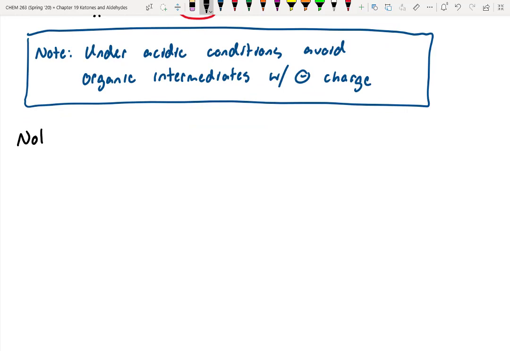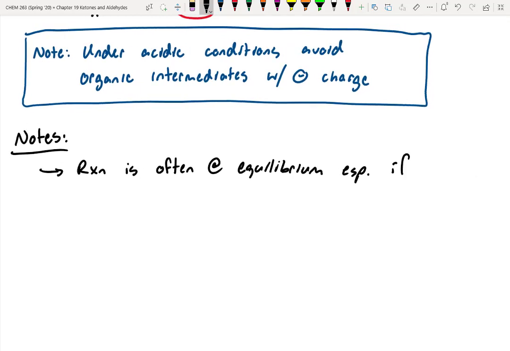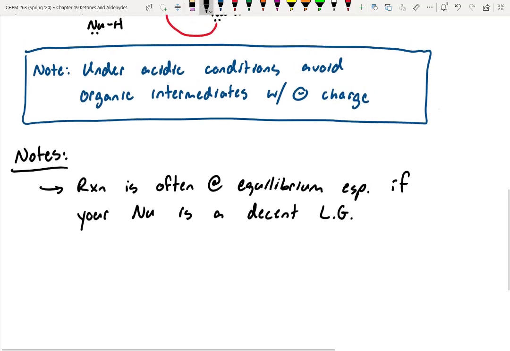All right, so let's make some notes. And these notes are important for both acidic and basic reactions. And the first one is that the reaction is often at equilibrium, especially if your nucleophile is a decent leaving group. And let's take a look at why that might be the case, right?